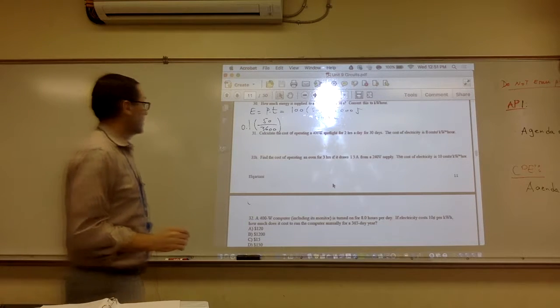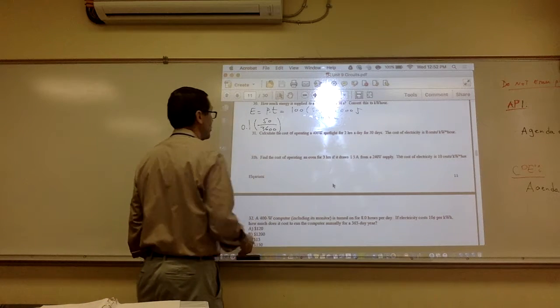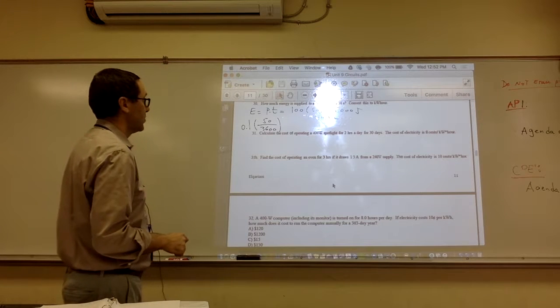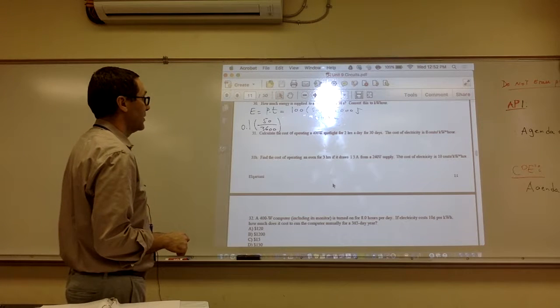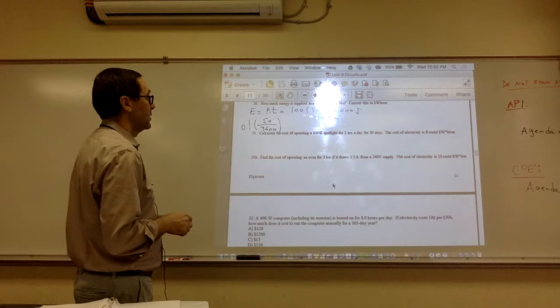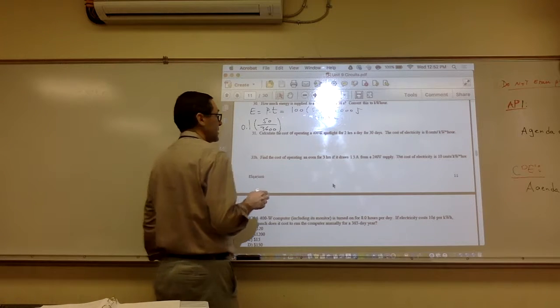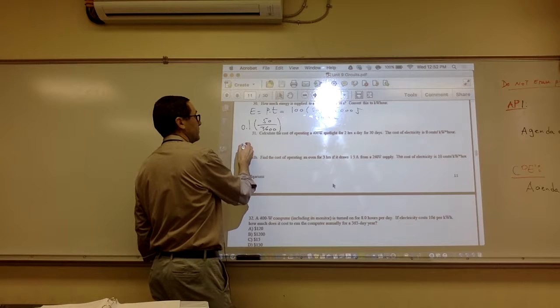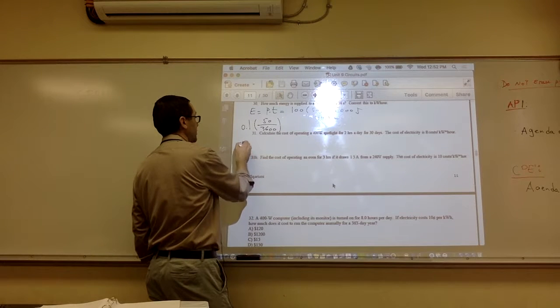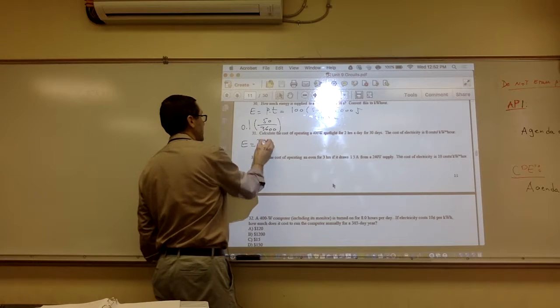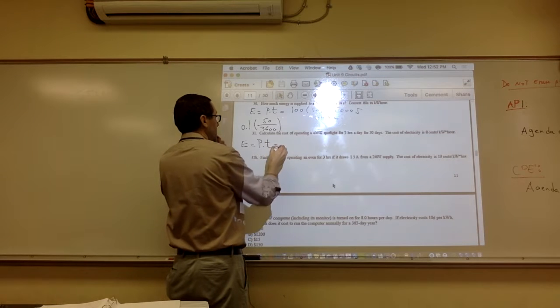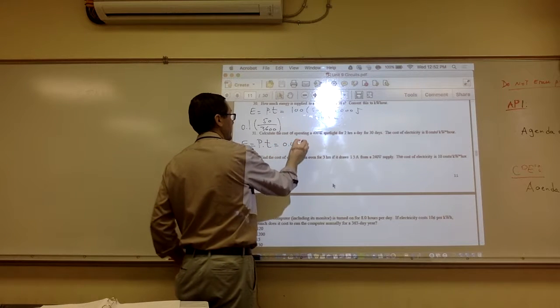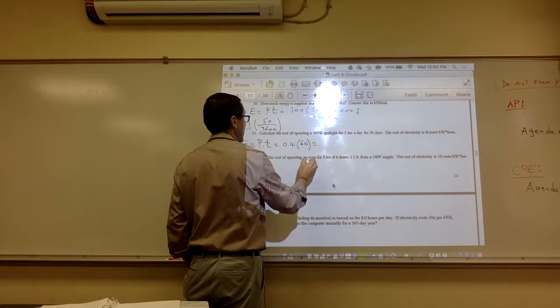Okay. 31. Calculate the cost of operating a 400-watt spotlight for 2 hours a day for 30 days. So that's 60 hours. The cost of electricity is 8 cents per kilowatt hour. So I think we have to find the energy first. So that's power times time, and we're going to do this in kilowatt hours. So it's 0.4 times 60 hours.